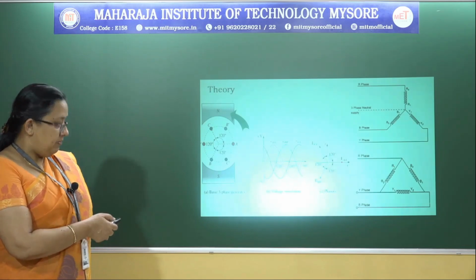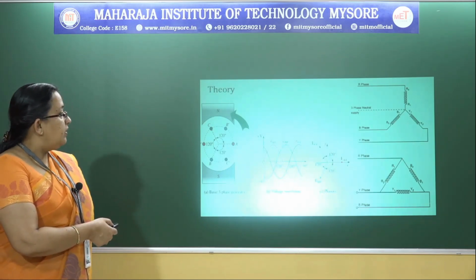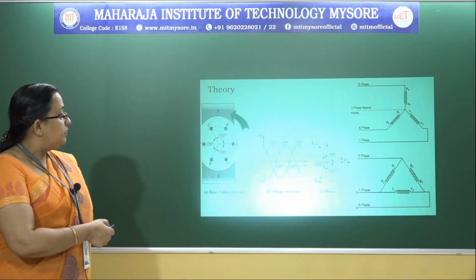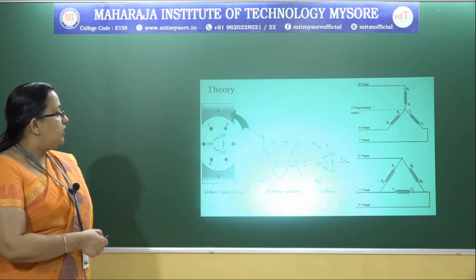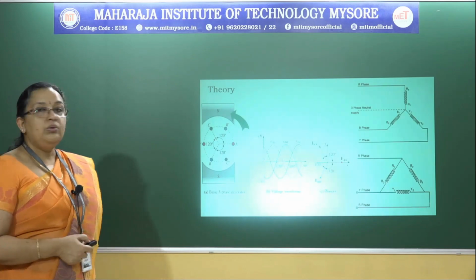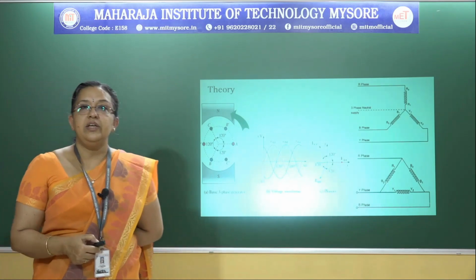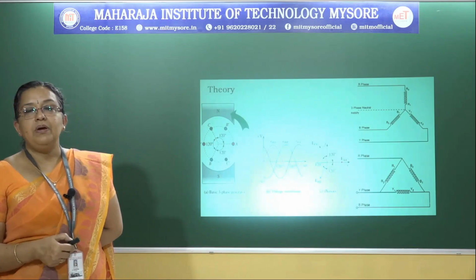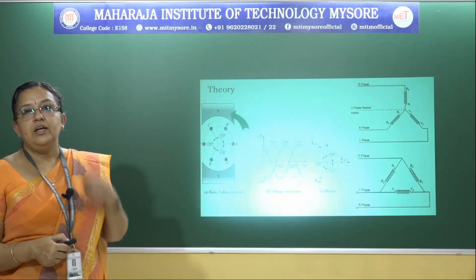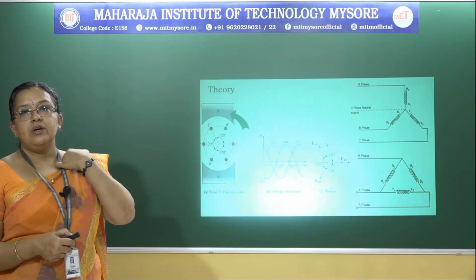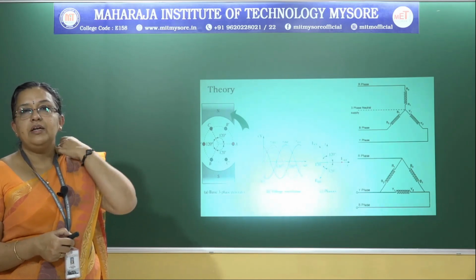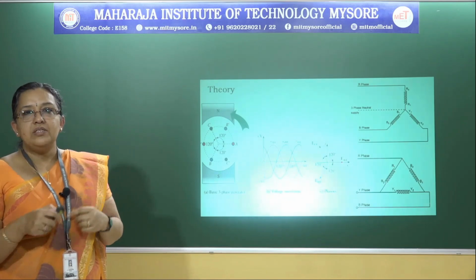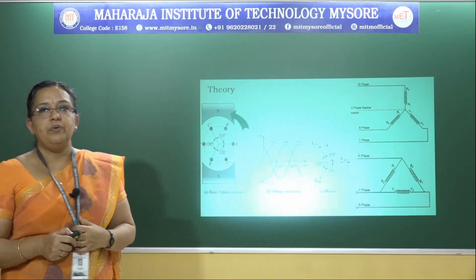In this slide you can see a simple explanation of a three-phase system. In an AC generator, you might have gone through the theory part in which you learned that when a coil armature is rotated in a magnetic field, we get a single-phase alternating output.